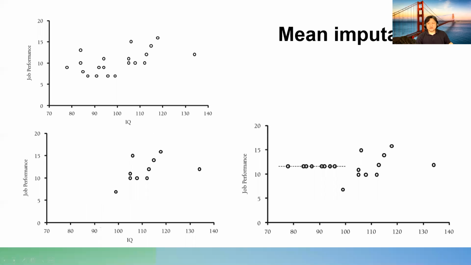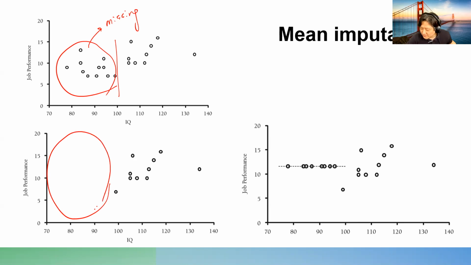So look at this. This is the original data set. This is IQ score, and this is job performance. Let's say we have some missing. These data are missing, so we do not have this data here.